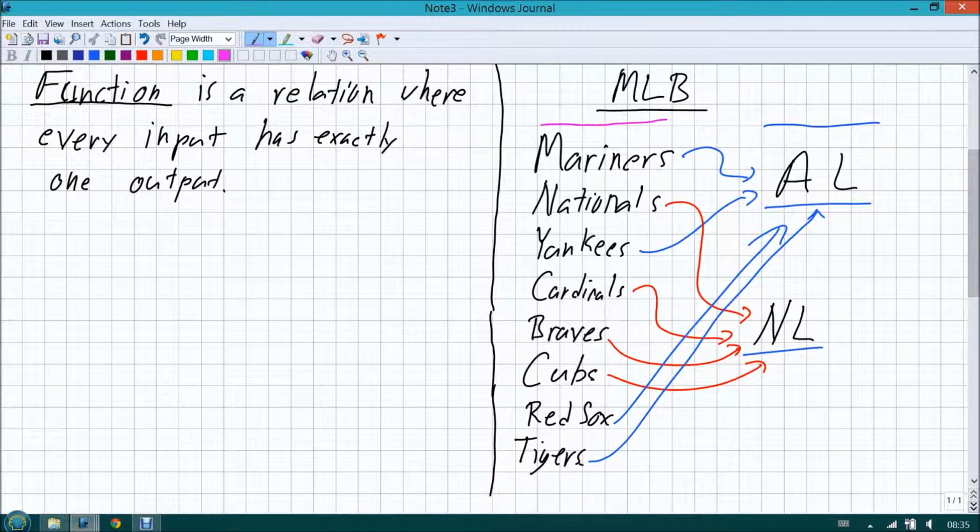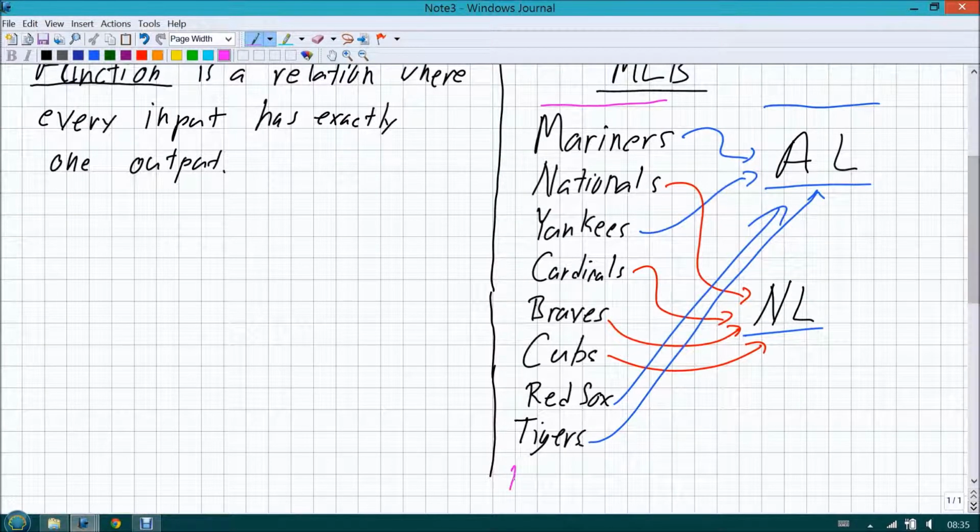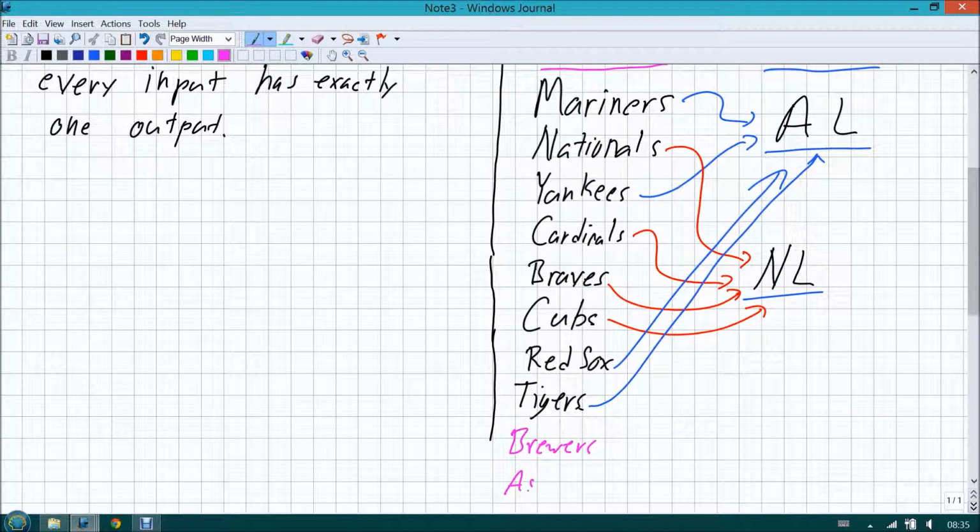Now, what would happen if I put in a new team called the Milwaukee Brewers and the Houston Astros? The Milwaukee Brewers and the Houston Astros have been in both leagues. The Brewers were a part of the American League for a long time before they were asked to move to the National League.